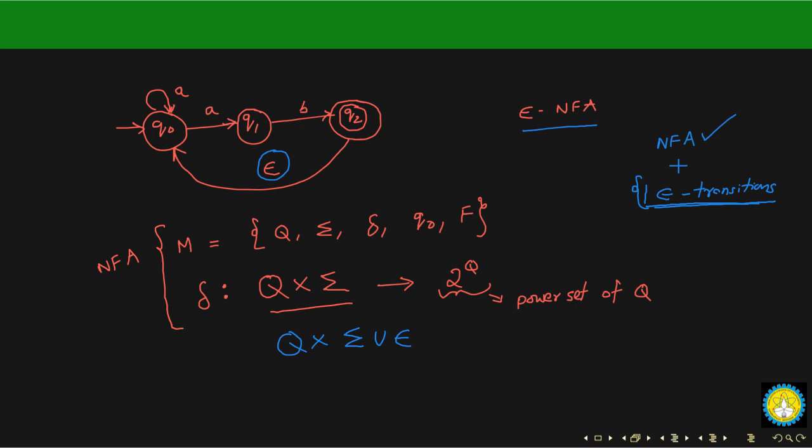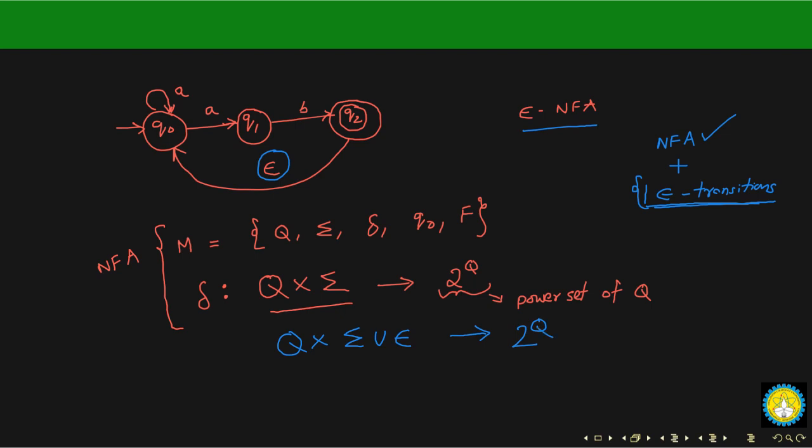Okay, so this is very important. The Cartesian product is defined from Q cross (sigma union epsilon), and then it is mapped to 2 raised to Q itself, that is nothing but the power set of Q.